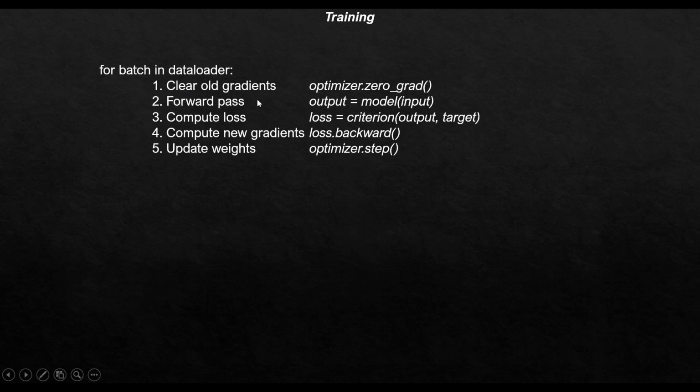Then we do the forward pass, and that's your output. You compute the loss by comparing the output and the target. If it's very different, the loss will be larger; if it's closer, the loss will be smaller. Then based on this loss, you do partial differentiation to find the derivatives, and that's the backward step. Based on this, you update the weights and biases, which is the optimizer step.